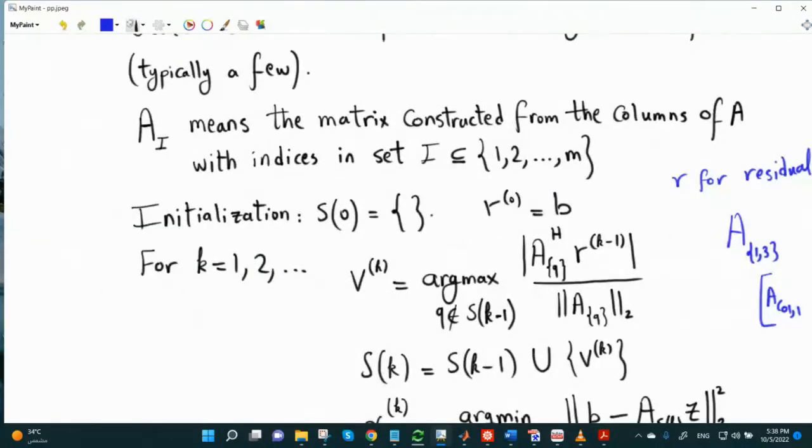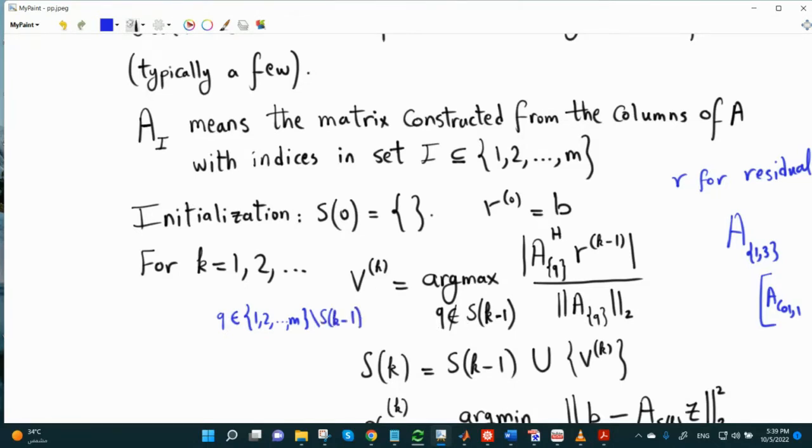So here we have a set with Q. A has m columns, so Q is 1, 2 to m, but we exclude S of k minus 1.